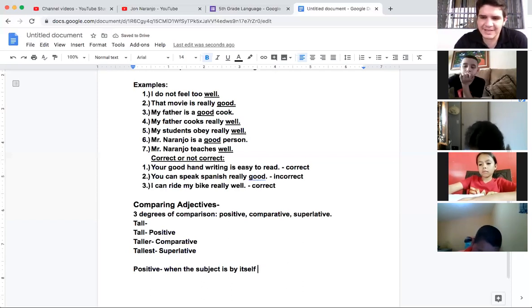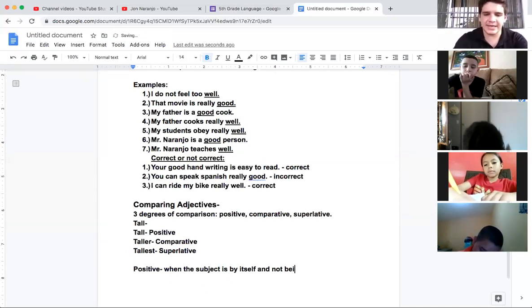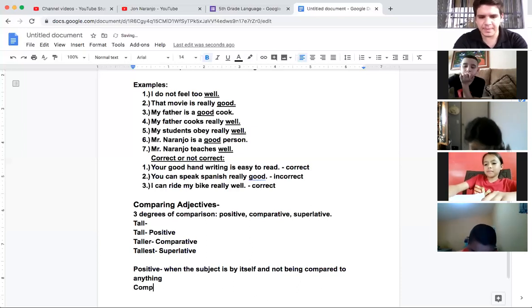That flower is pretty. You are tall. When the subject is by itself and not being compared to anything. Then we have comparative, which is when two people or things are being compared.